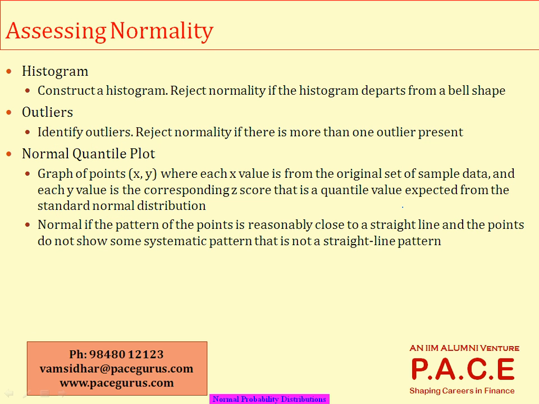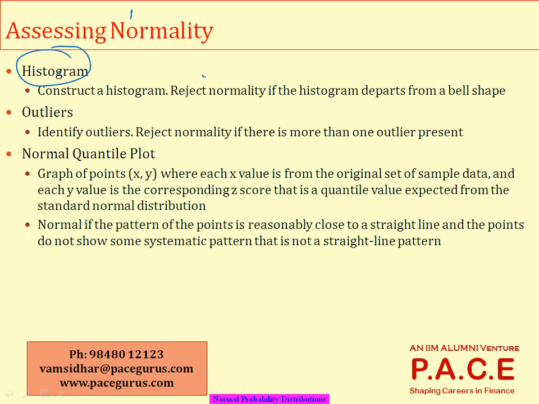Then if I have some data with me, how do I assess, first of all, whether it is normally distributed data or not? The first test is to look at a histogram.